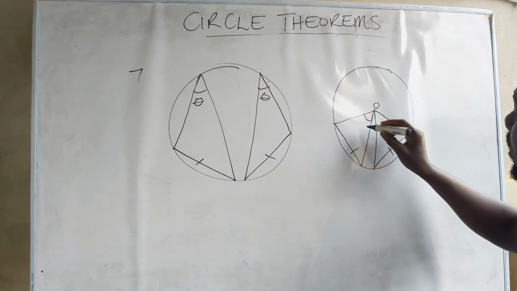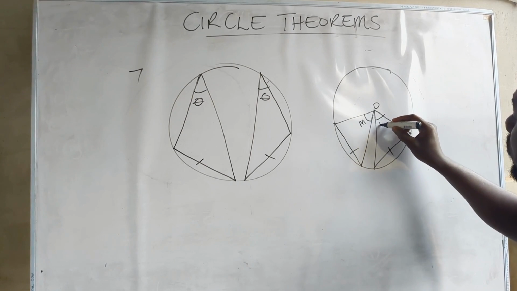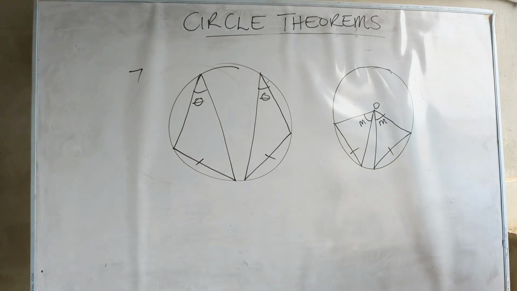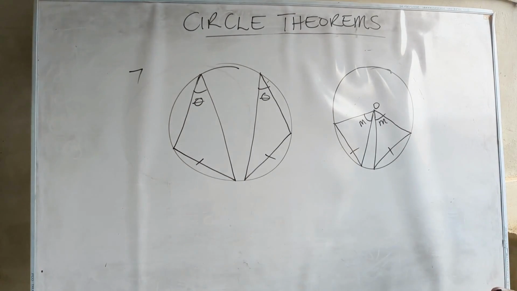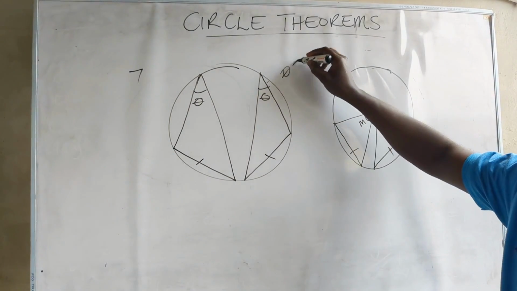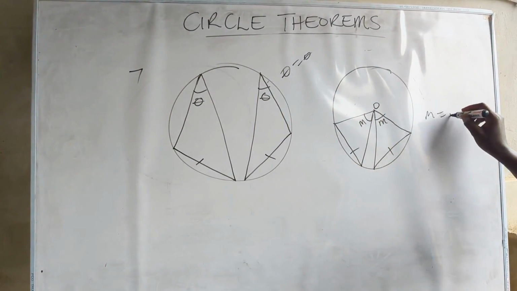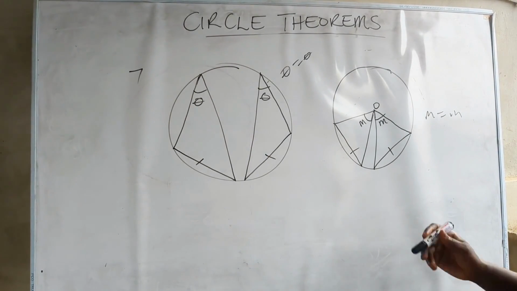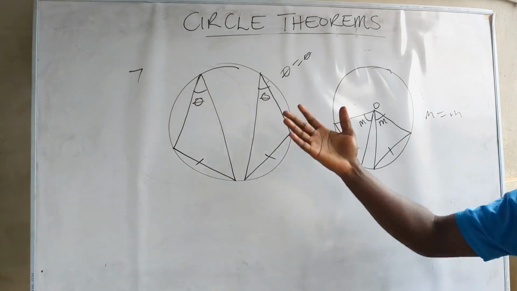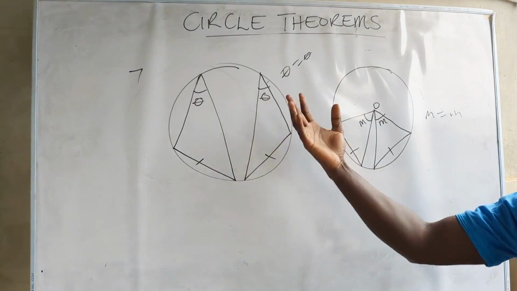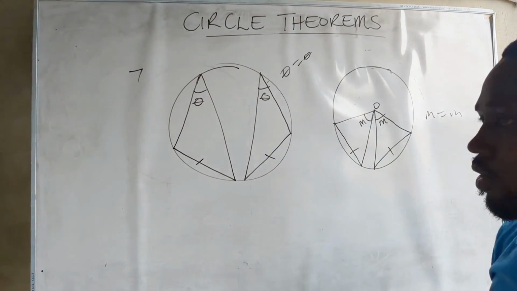So if this angle is M, then here is going to be M. So what we are also saying is that, let's say O is the center, if the chords are the same, then they will sustain the same angle at the center. So here theta is theta, M is equal to M. So that is what equal chords are about. Equal chords sustain the same angle at the center and the same angle at the circumference.